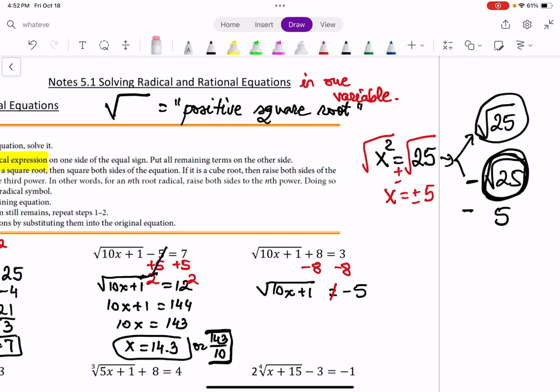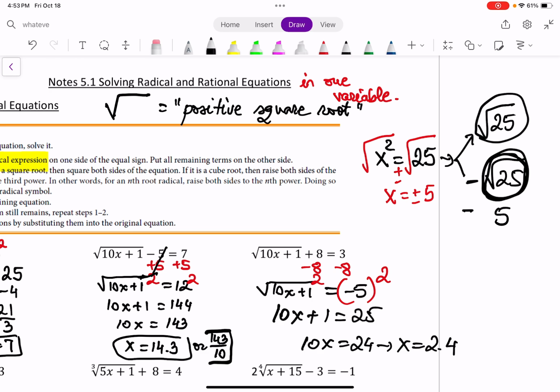But it doesn't, yes? So let's say you didn't notice this and you kept going and squared both sides. And again, remember, you square the whole negative 5. So fine, you get 10x plus 1 equals 25, minus the 1, divide by 10, and you get 2.4 and you're happy as can be.